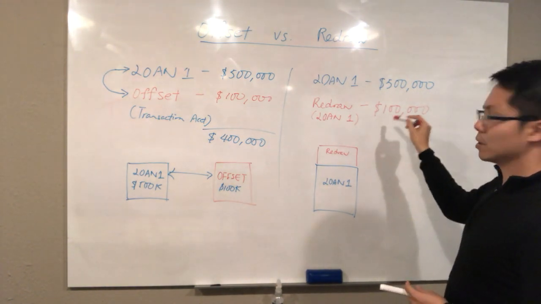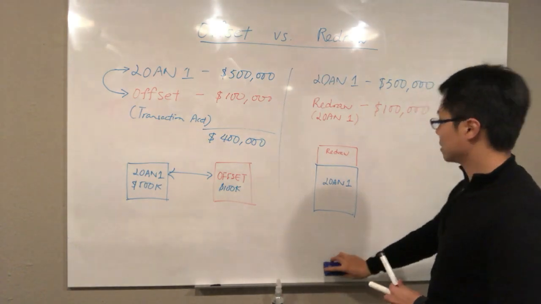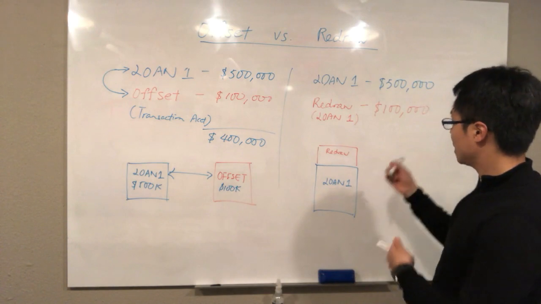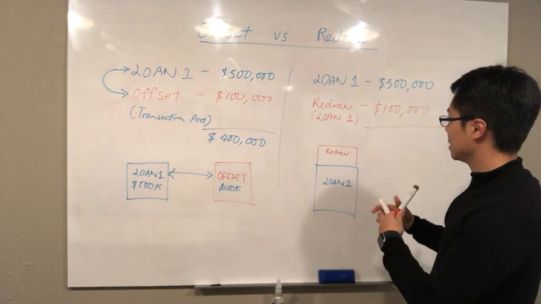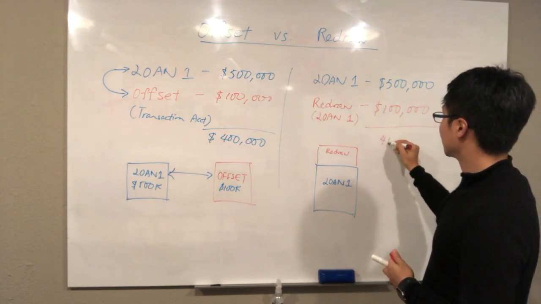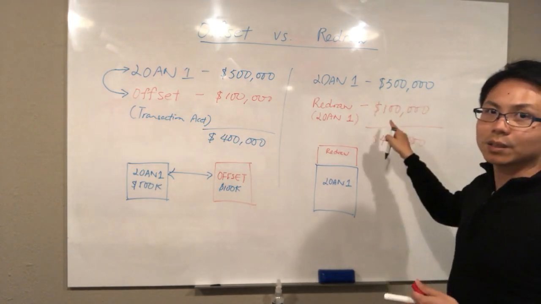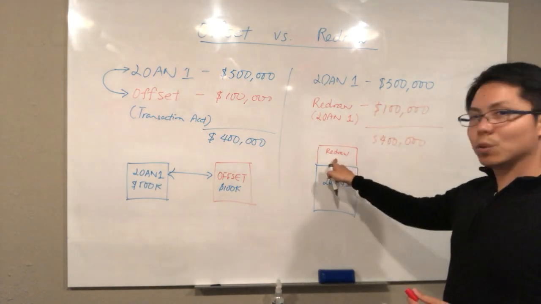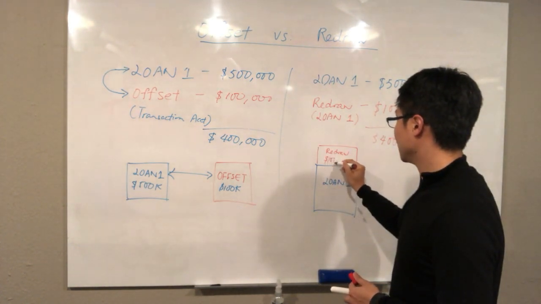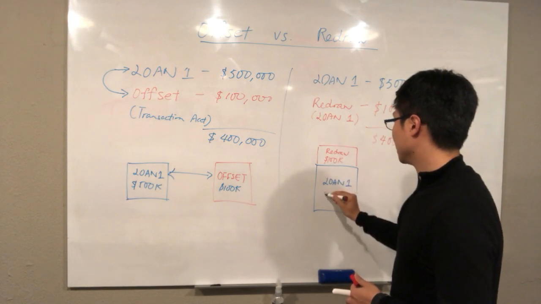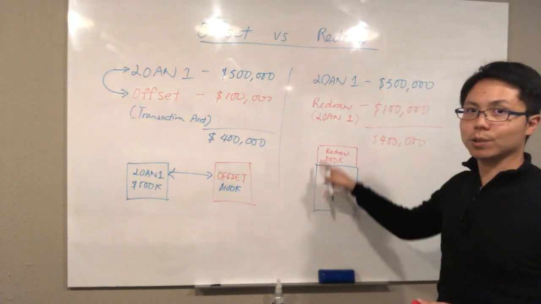Because you paid extra and you're also paying the loan down, the principal is going to be $400,000, which is still outstanding, plus the actual $100,000 that you have already paid down. So if I want to visualize that, the redraw here will be 100k, and loan one here will be 400k, and that consists of the total loan.